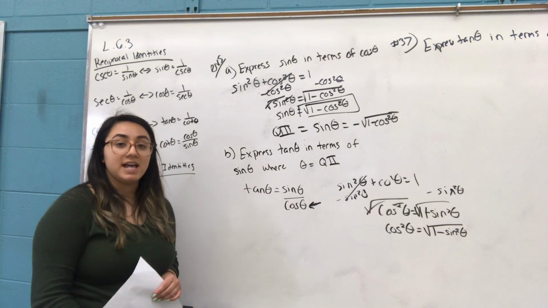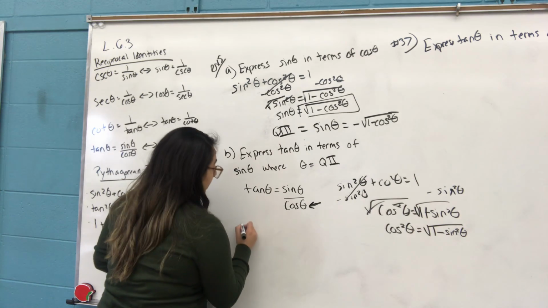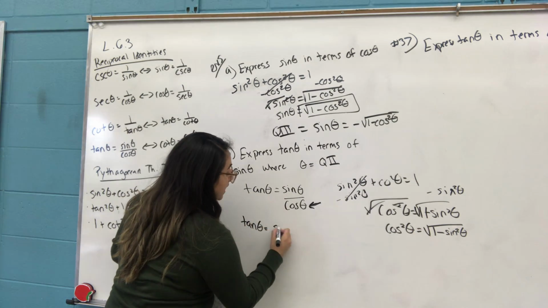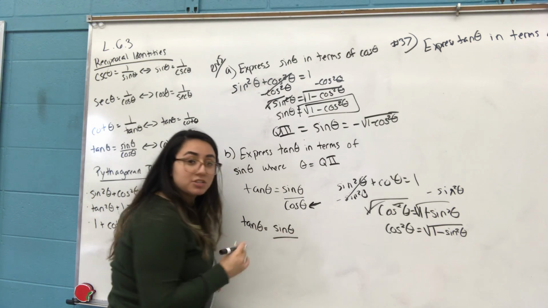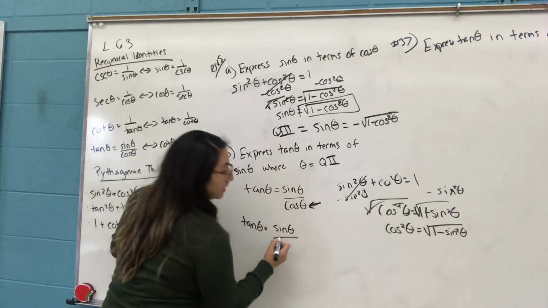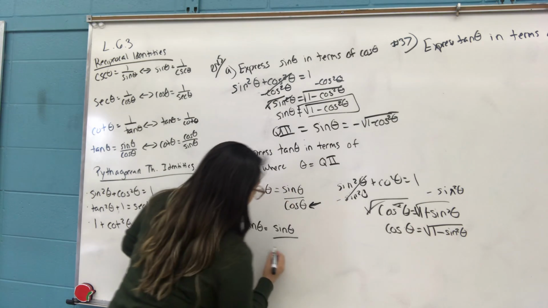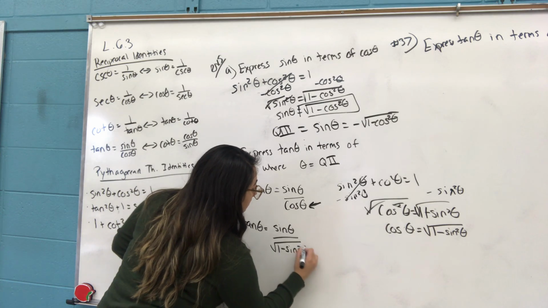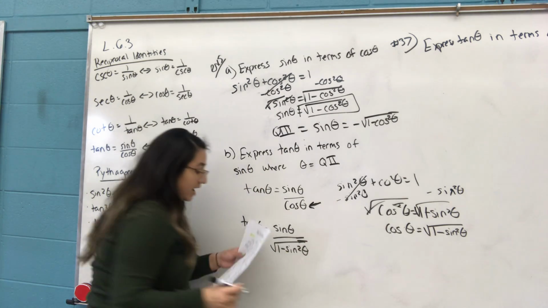Now we can plug it in here. So now we have the tangent of theta is equal to sine, which is what we want, everything in terms of sine, over, we know cosine now equals, this cancels out, the square root of 1 minus sine squared. And that would be your answer.